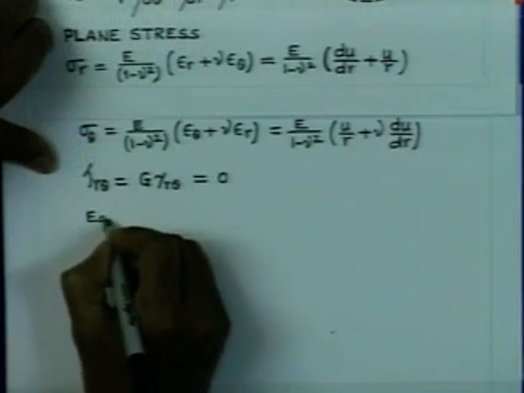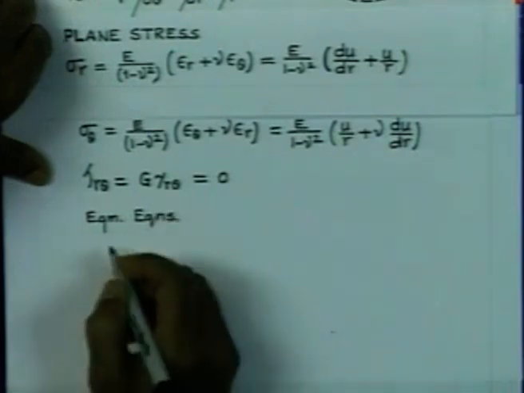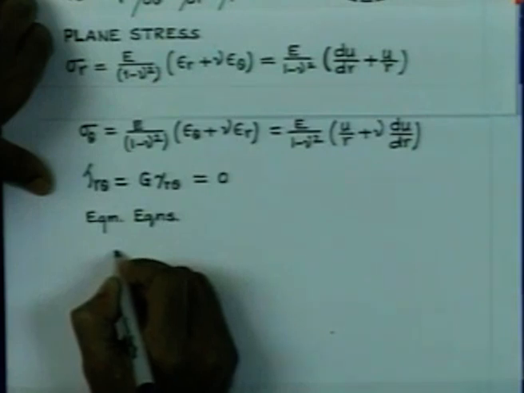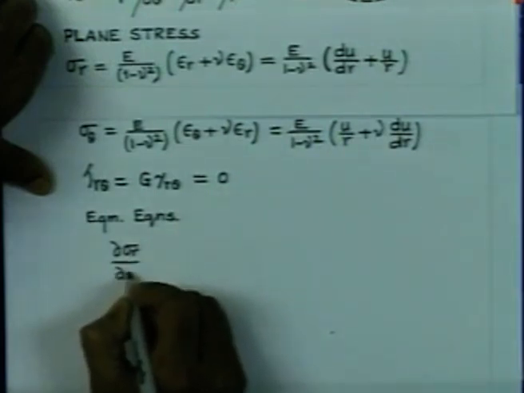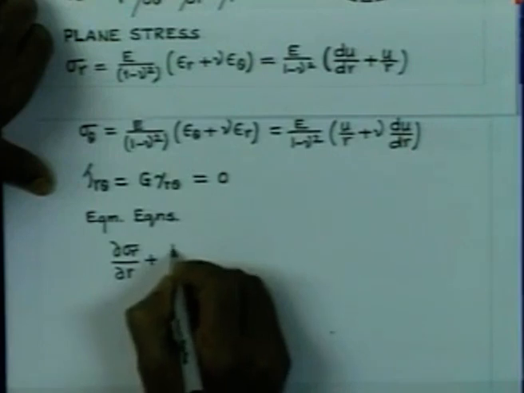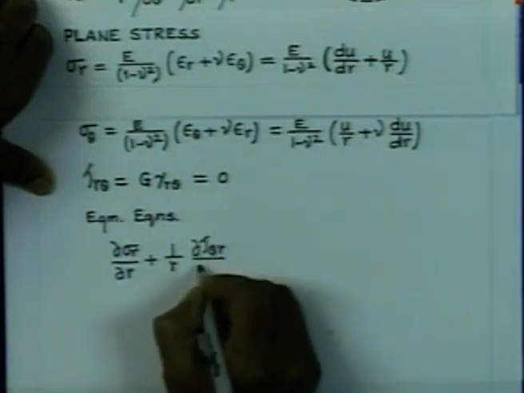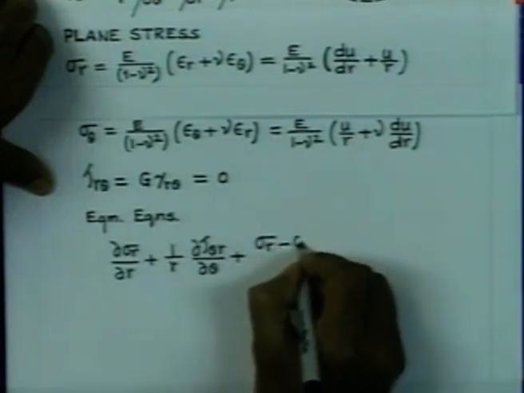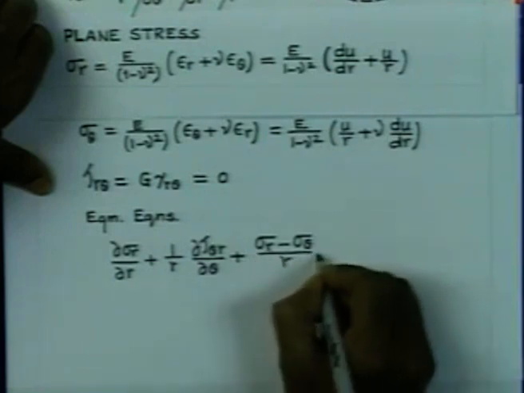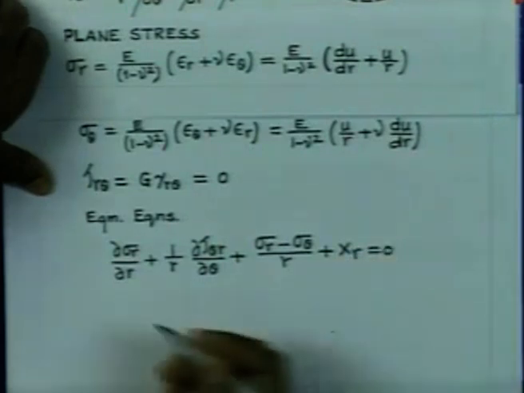If we now write the equilibrium equations, the equilibrium equation in the radial direction is delta sigma r delta r plus 1 by r delta tau theta r delta theta plus sigma r minus sigma theta by r plus body force in the radial direction equal to 0.